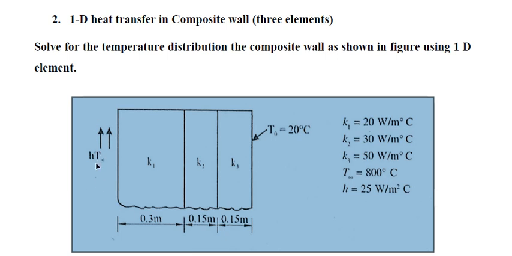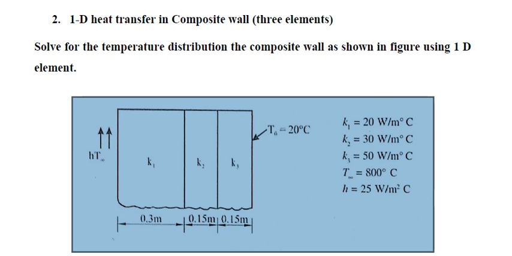So the left hand is subjected to convection. Unlike the last problem, in this problem the left hand is subjected to convection, and there are three elements, four nodes. We have to find out three temperatures T1, T2, T3; T4 is given. This is the problem. I hope you have understood.